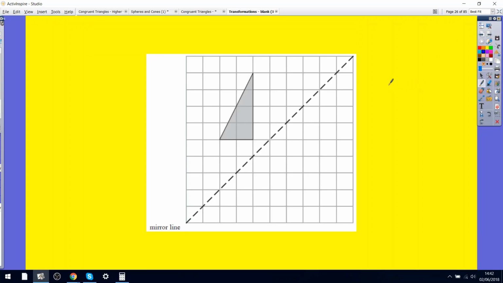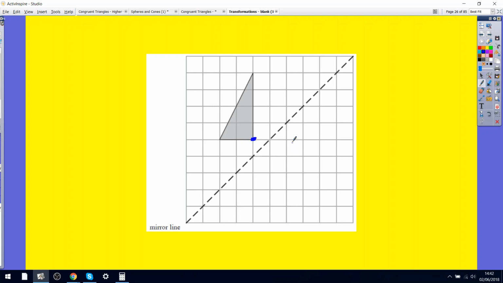Any idea how you reflect this in this line? This one, is it?